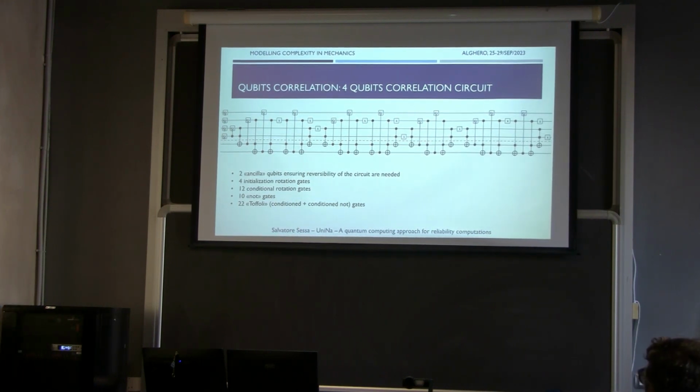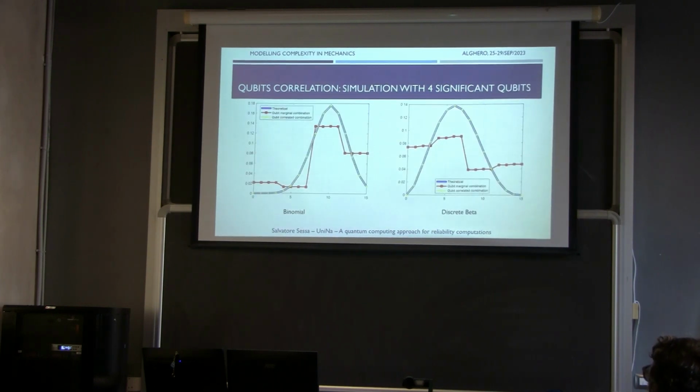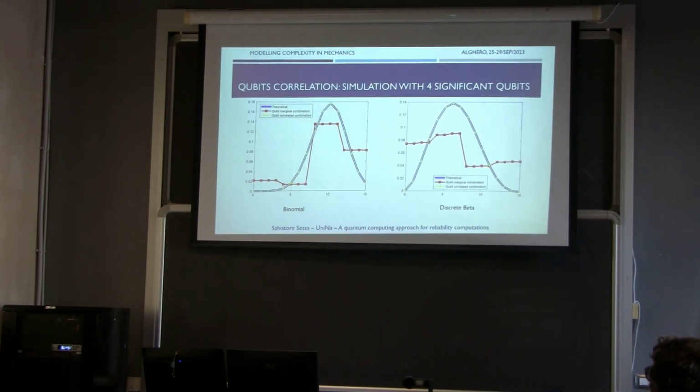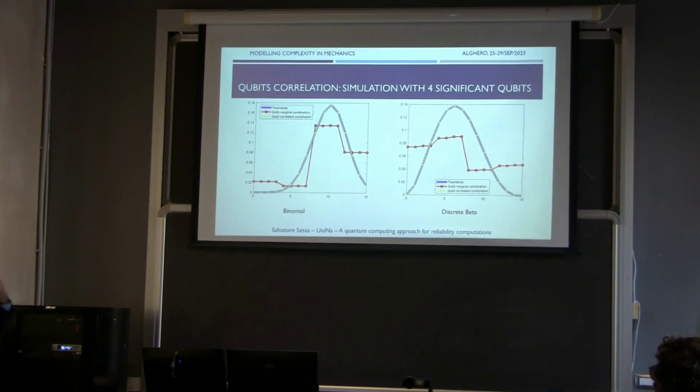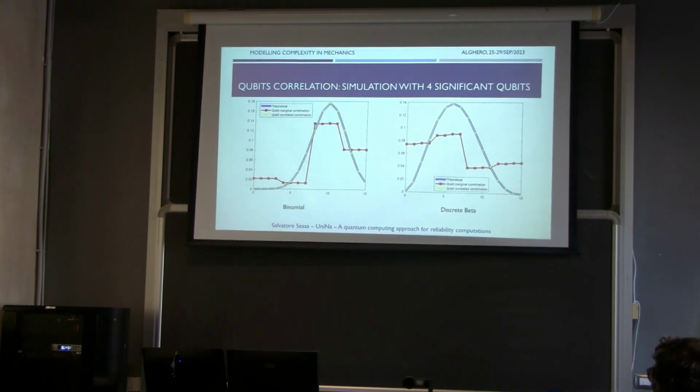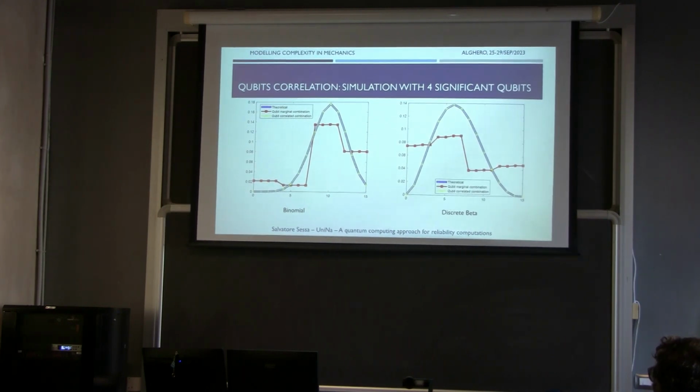I can go into details, but we have just 2 ancillas and in general about 50 gates. Such a circuit enforces the correlation between the qubits, and I'm almost done, because in this case, with 4 significant qubits, this is the description of the binomial and discrete beta probability density function, where the red one uses the marginal probabilities of the first case, while the yellow line is the outcome of the circuit that I have shown in the previous slide.